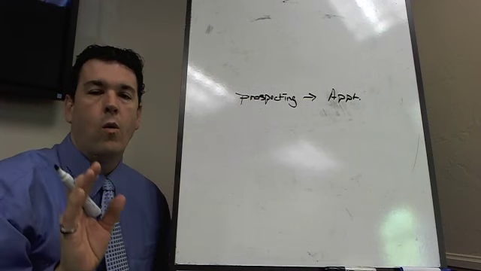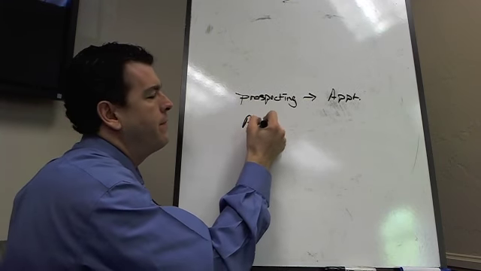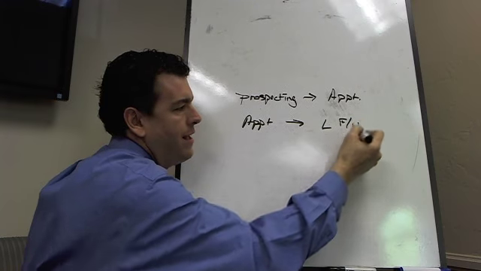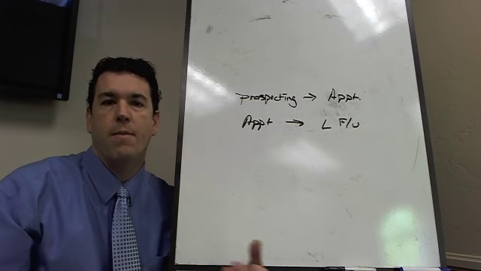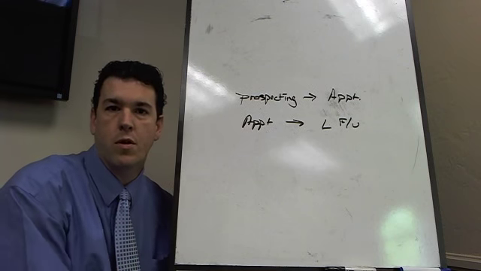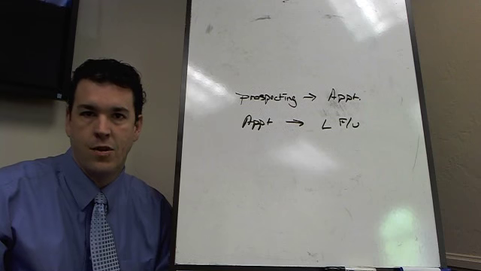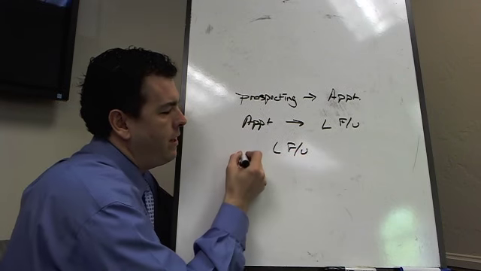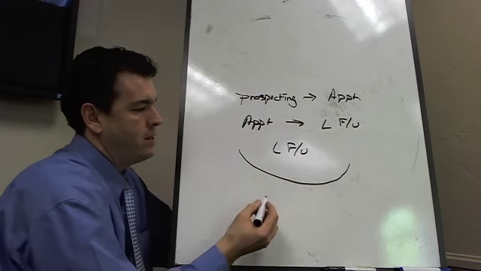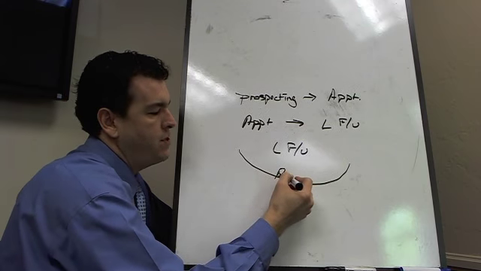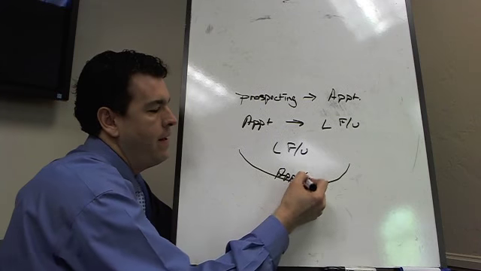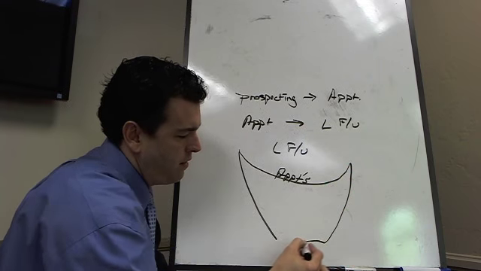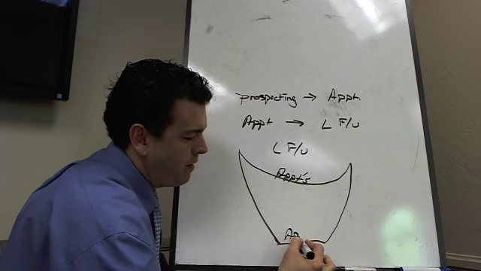Once you've set the appointment, the purpose of lead follow-up is to sift and sort the appointments to figure out who is worth your time and who's not worth a lot of your time. Through lead follow-up, you're taking this bowl of appointments that you've set through prospecting and determining who is worth the time to get the actual appointment.